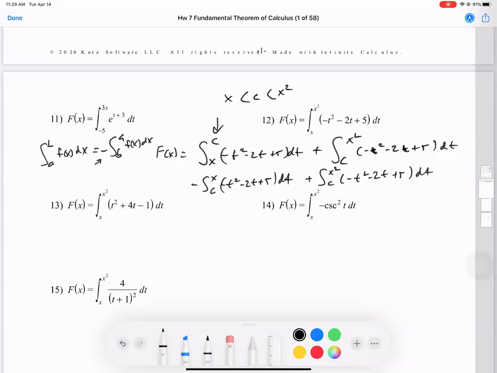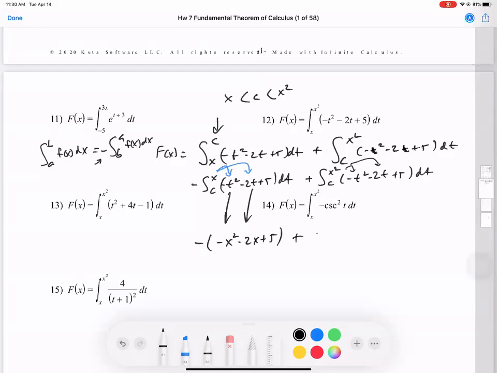Okay. We did this problem on the left several times. If I take the derivative, it plugs in. So we're left with negative of negative x squared minus 2x plus 5. I just plugged in the x. Over here, I'm going to plug in not x, but x squared.